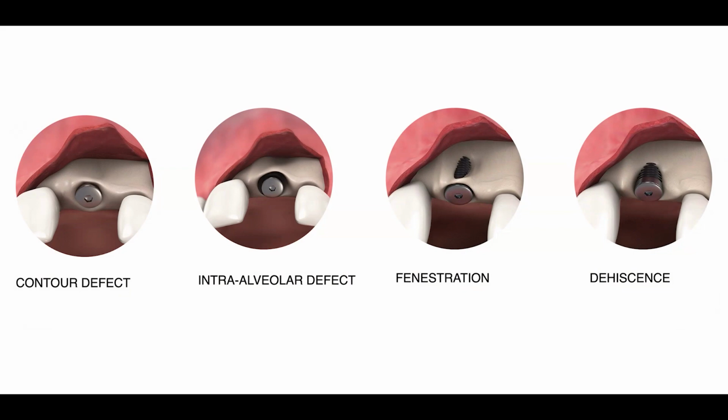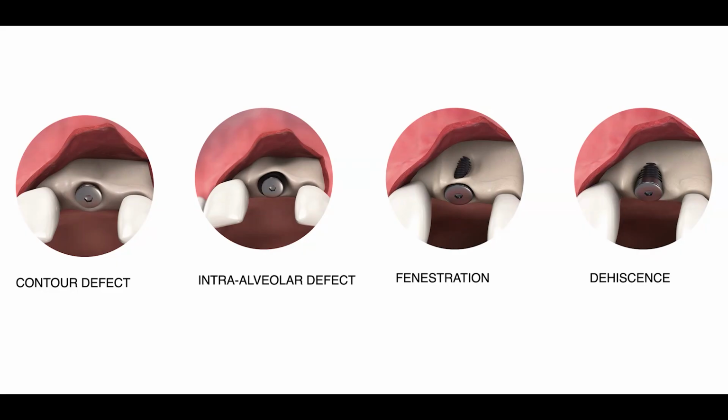Maybe we do it as well to improve the thickness of the buccal bone, since this is important for marginal bone stability. But the reality is that in contour defects, we don't have a real defect. We're just adding extra bone for extra security, but this is the easiest defect to deal with.